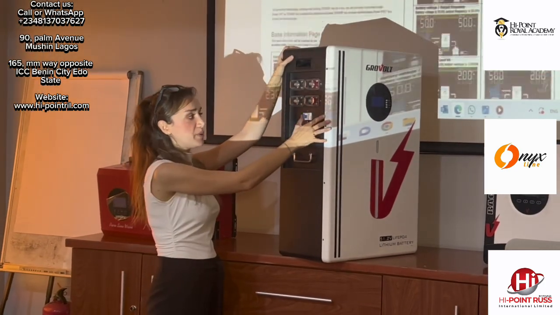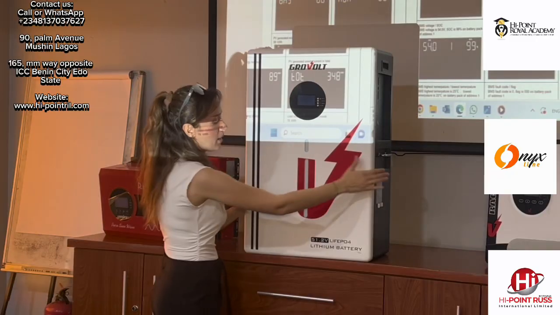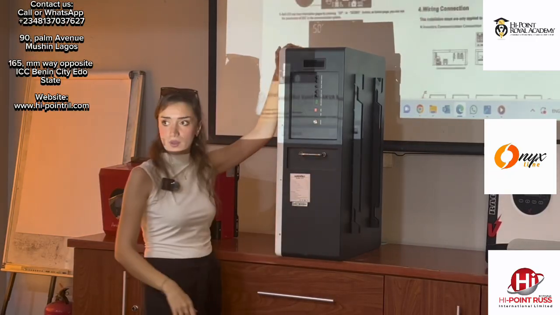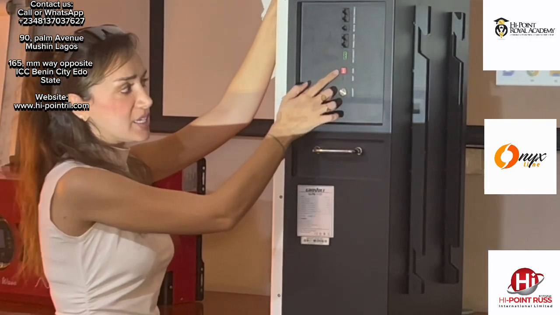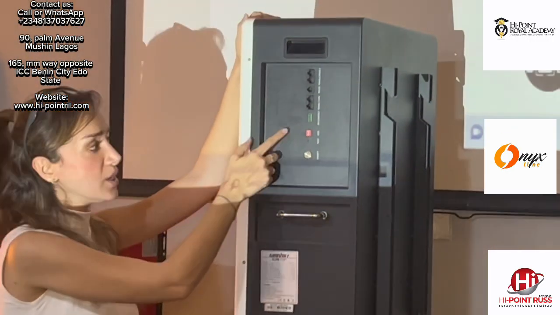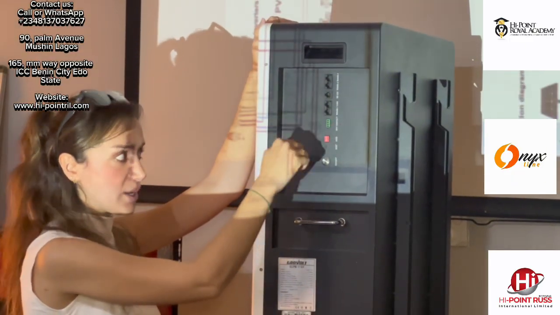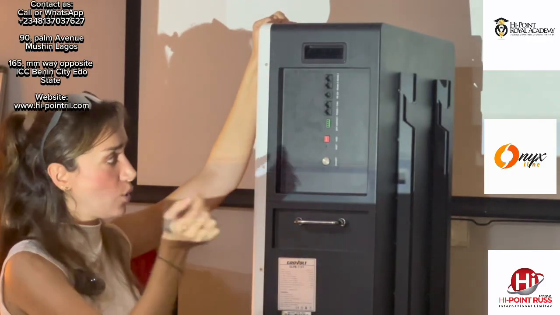We have a breaker here for on and off, but the most important is this one: a small on/off switch, and this DIP switch. This dry contact you can also connect to a generator or whatever else you need to switch on and off.